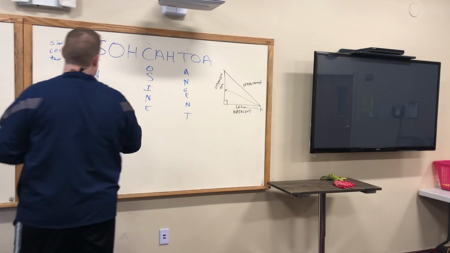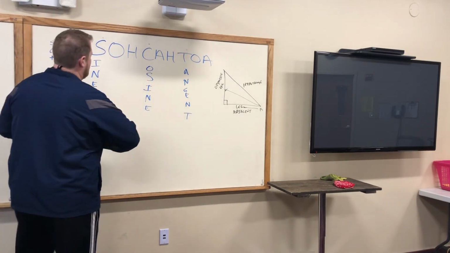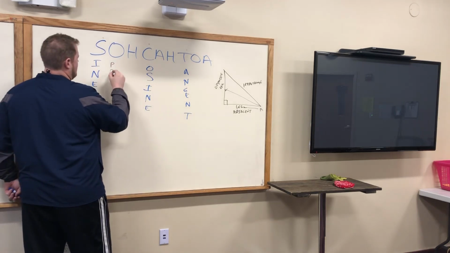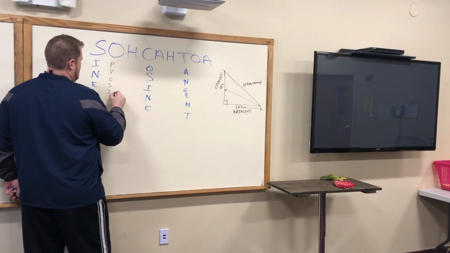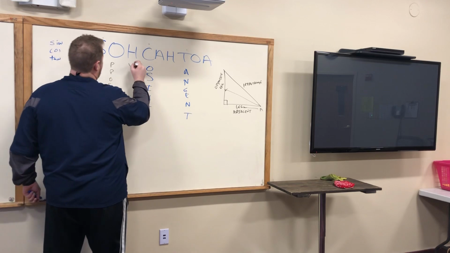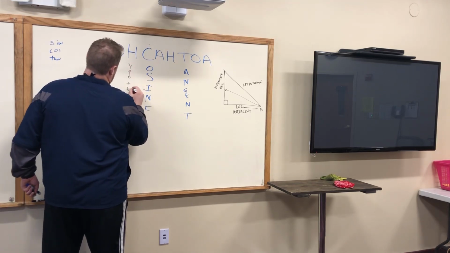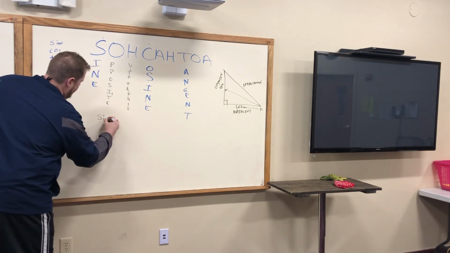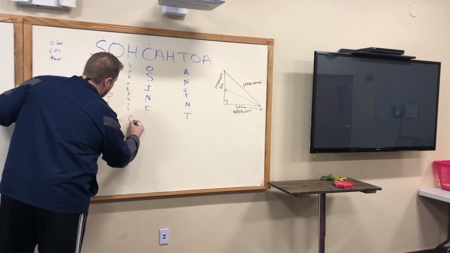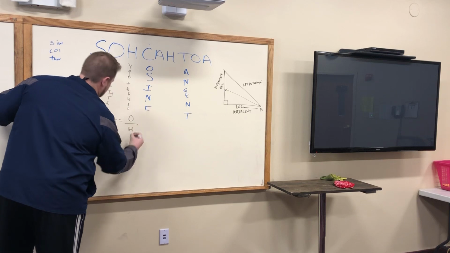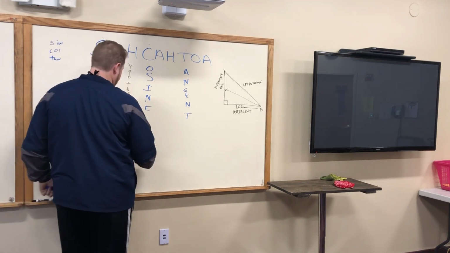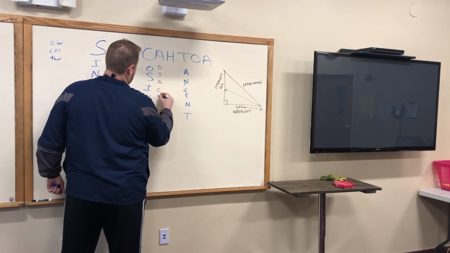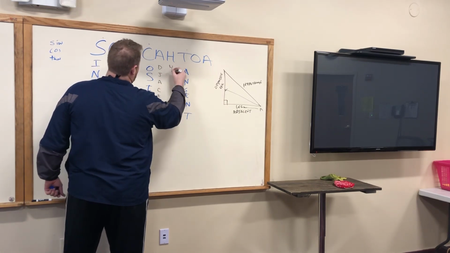So watch carefully. Sine, you're going to do opposite over hypotenuse. So it looks like this: sine A equals O over H. Cosine, the adjacent leg over the hypotenuse.